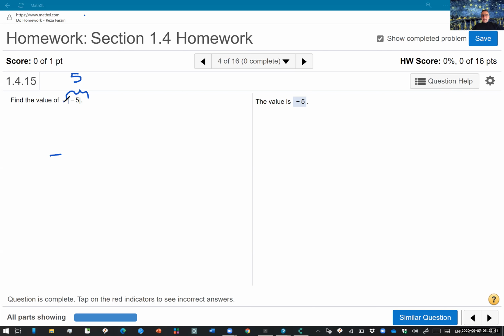So this negative is going to carry. So the answer is actually what? Right. So a lot of people make a mistake. They go, oh, this problem has an absolute value in it. The answer is going to be what? Positive. No, not if there's a negative sign outside the absolute value. That's going to carry and stay. So the answer is actually -5.